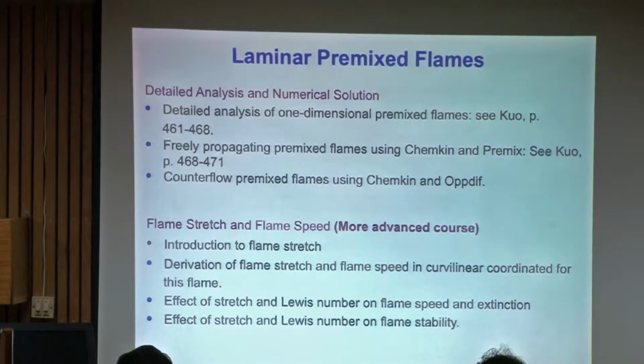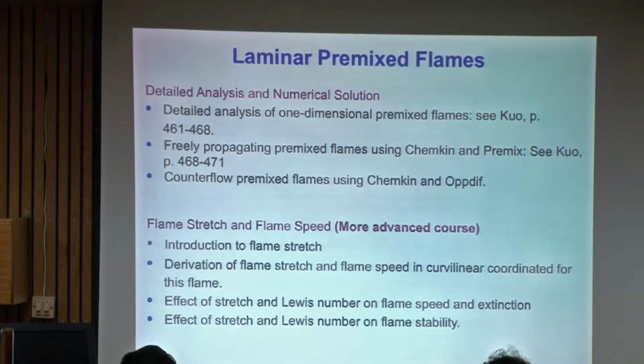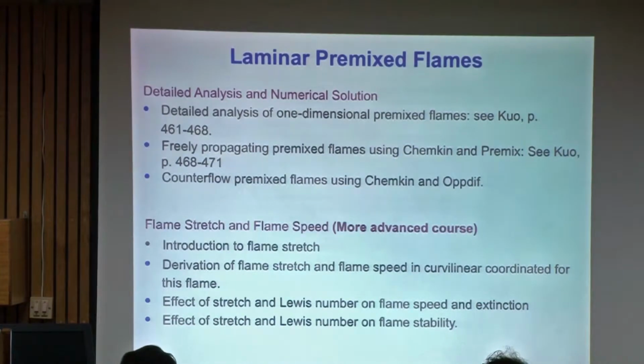In a tube, the flow velocity at the entrance of the tube will give you the flame speed. You can also do burner stabilized flame, like if you have a tube and you have a flame right at the exit of the tube, which are like flat flames, or you can do counterflow flame. So there are 3 different configurations you can use for computation of these laminar premix flames.